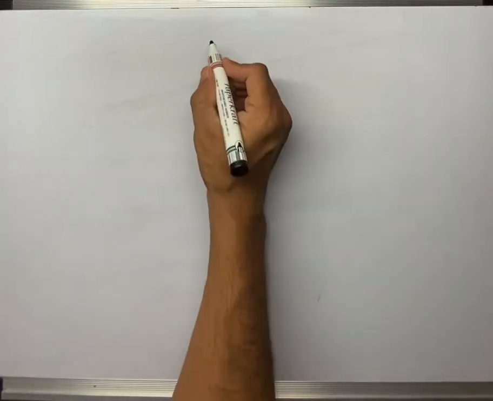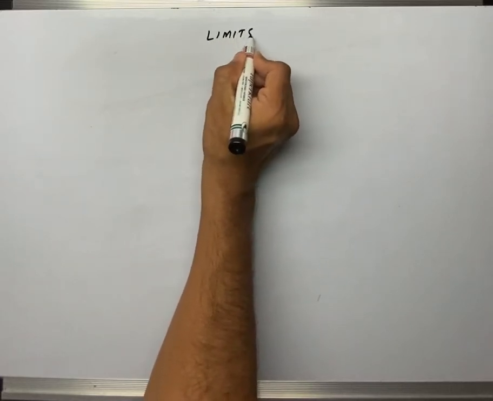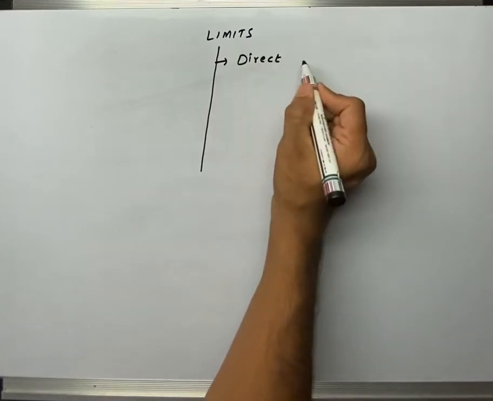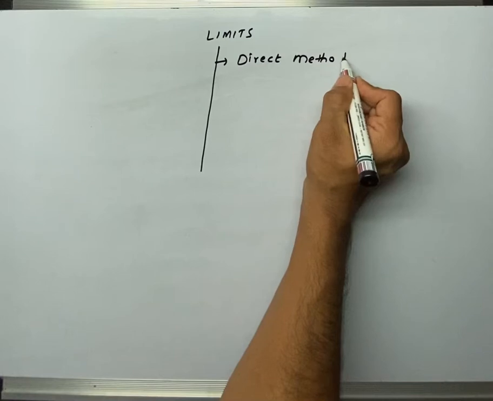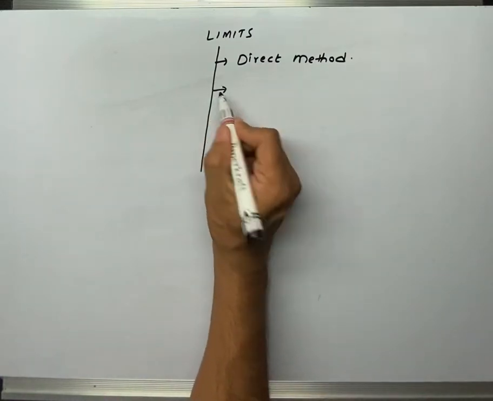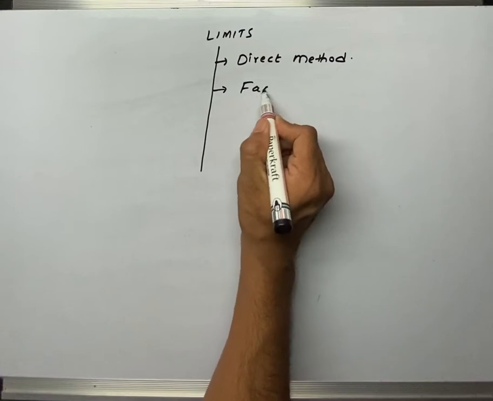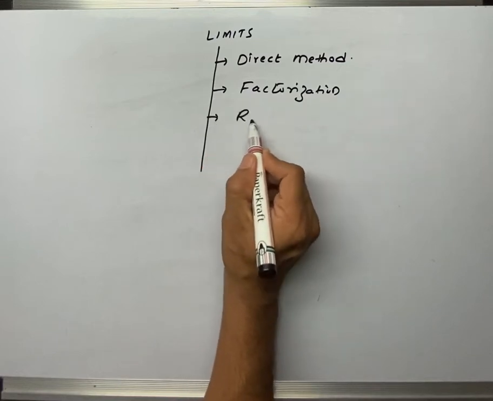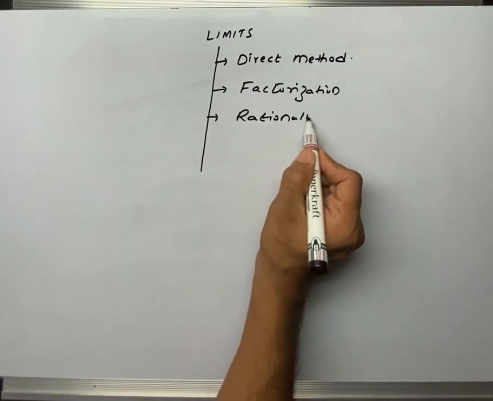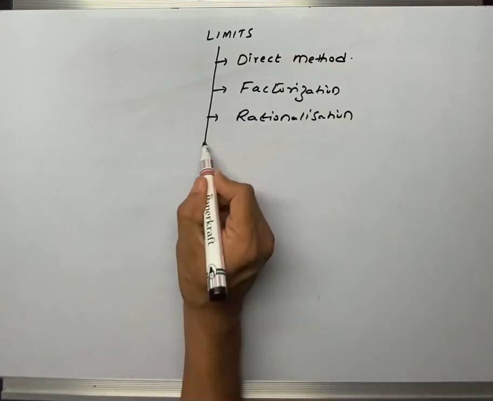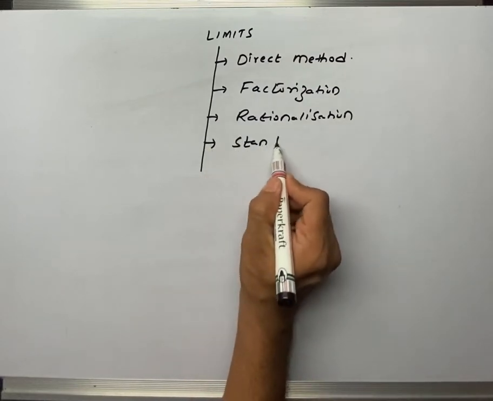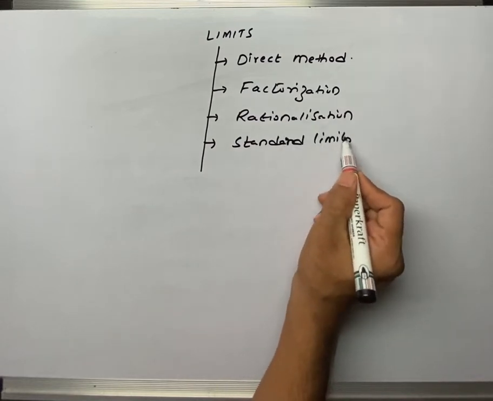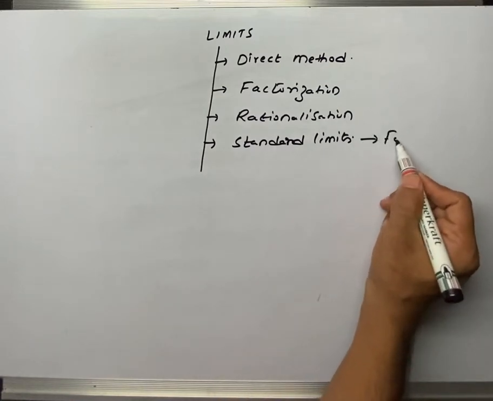Now, in limits, we have a total of 6 types of methods. One is the direct method, another is factorization, then we have rationalization, then standard limits, which means limits based on formulas.